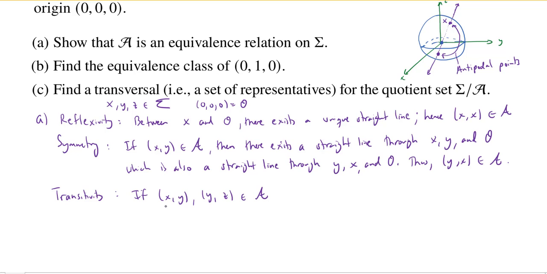Okay, fine. Once I know that (x, y) is in A, that means that there is a line that goes through (x, y) and the origin. So there exists a straight line through (x, y) and the origin.